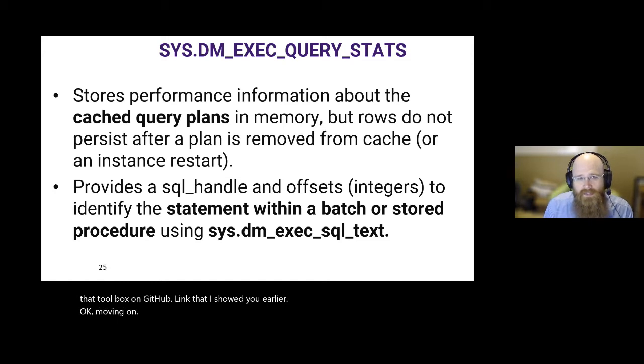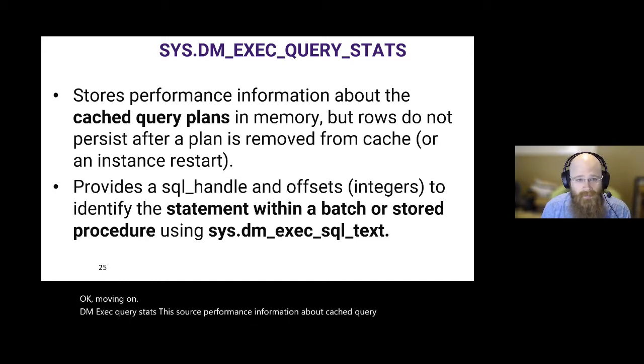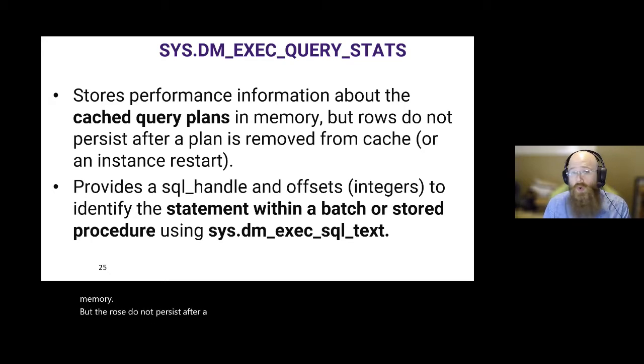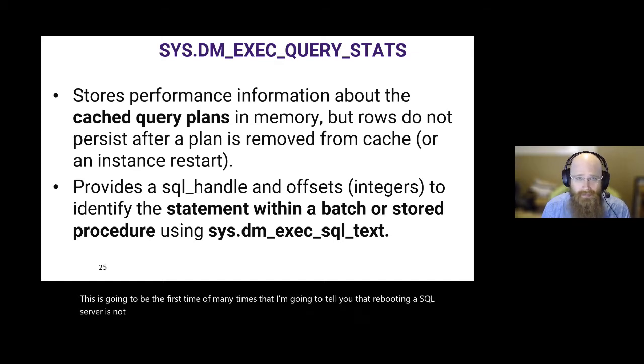DMExec query stats. This stores performance information about cached query plans in memory. But the rows do not persist after a plan is removed from cache or if you reboot the SQL Server. This is going to be the first time of many times that I'm going to tell you that rebooting a SQL Server is not a performance tuning step.